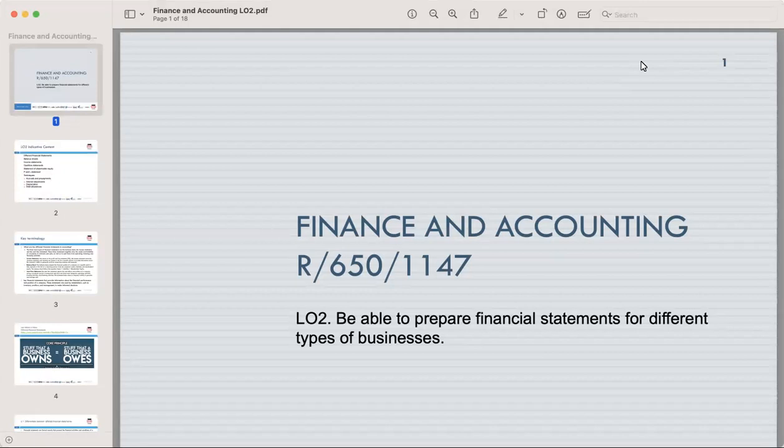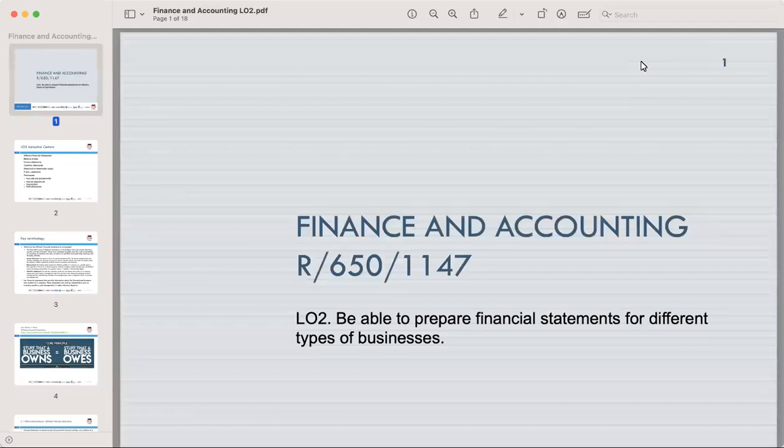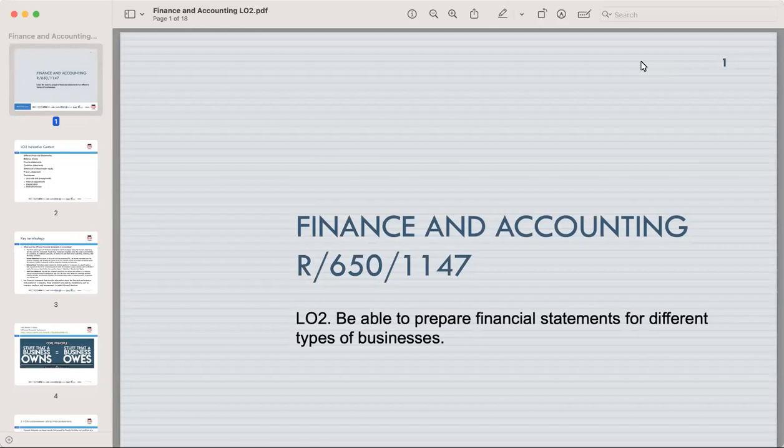In our previous session, we discussed different branches of accounting. Also, we discussed profit and loss account, trading account, and then the balance sheet or financial statement. Today we will discuss how to prepare financial statements for different types of businesses.